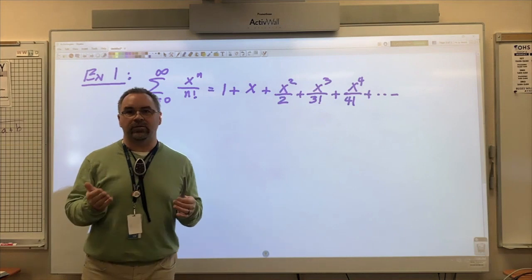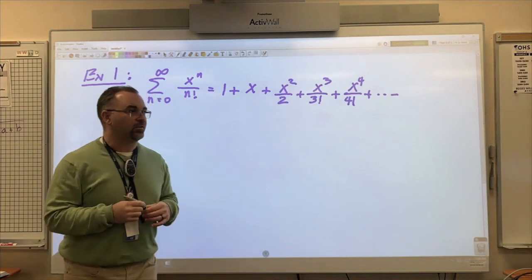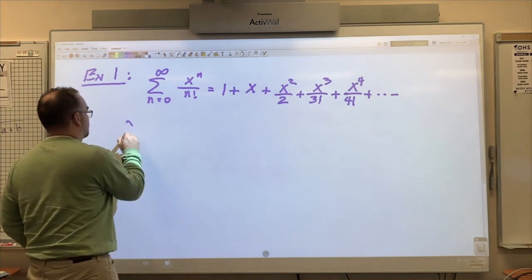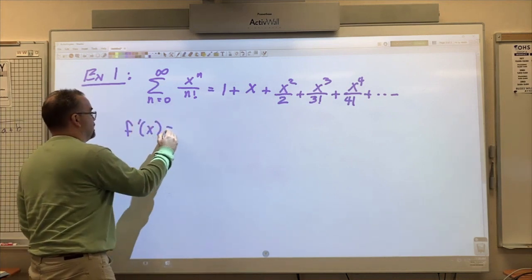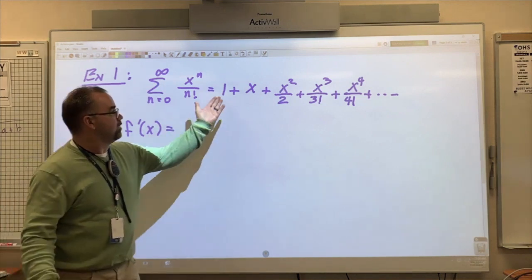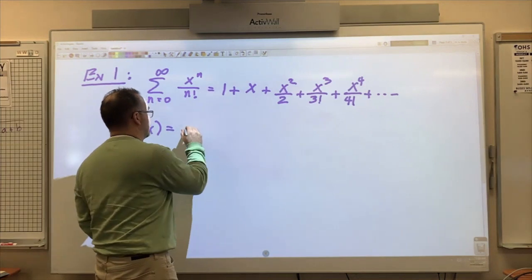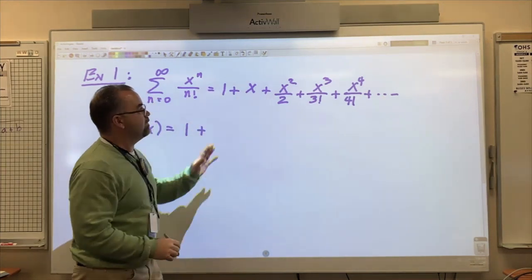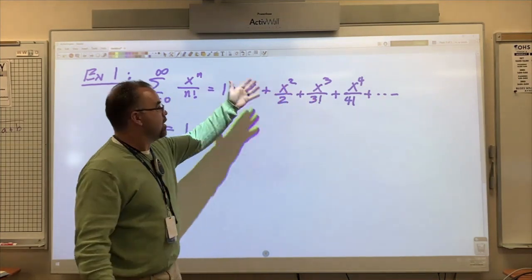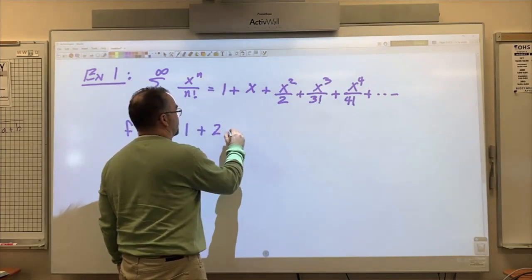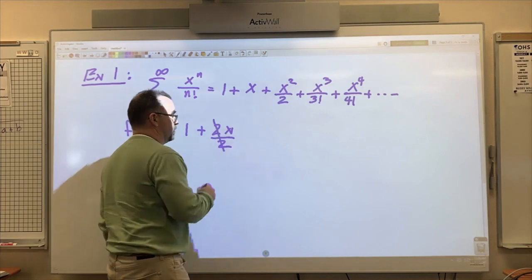If I take the derivative of that, what would the derivative look like? Well, if I just write out the terms, the derivative of 1 would be 0. The derivative of x would be 1. The derivative of the x squared term, I bring down the 2. The 2 would cancel the 2 in the denominator, so we just have an x.